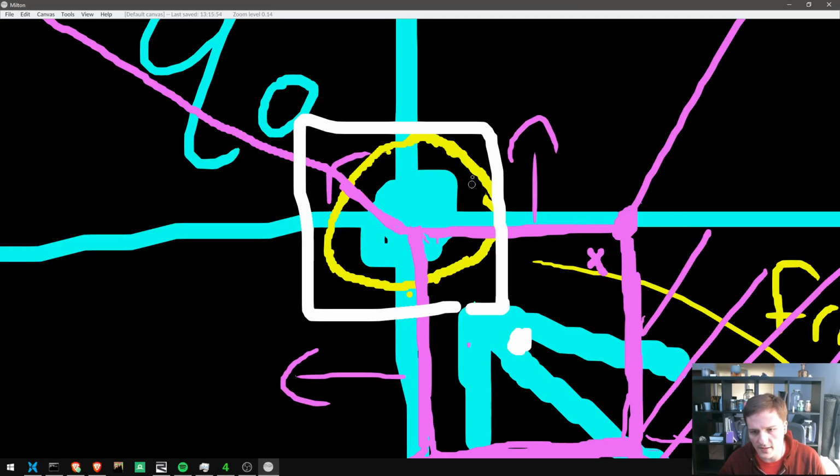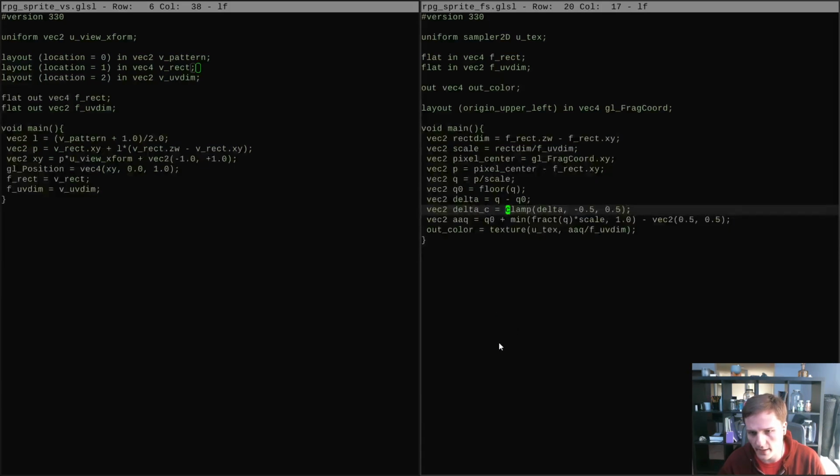So that'll clamp us, instead of to the unit from 0 to 1, it'll be the unit from negative 0.5 to positive 0.5. And this here needs to be times the scale. So this replaces this. This replaces this.